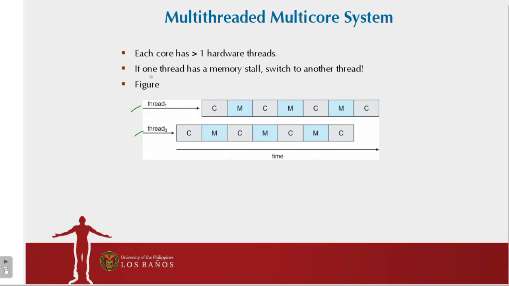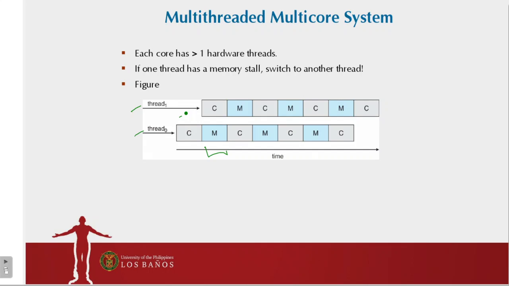Right? So each core has more than one hardware thread, and if one thread has a memory stall, then we switch to another thread. So let's say this is thread 0, and then there is a memory stall here. So we switch execution to the other thread.